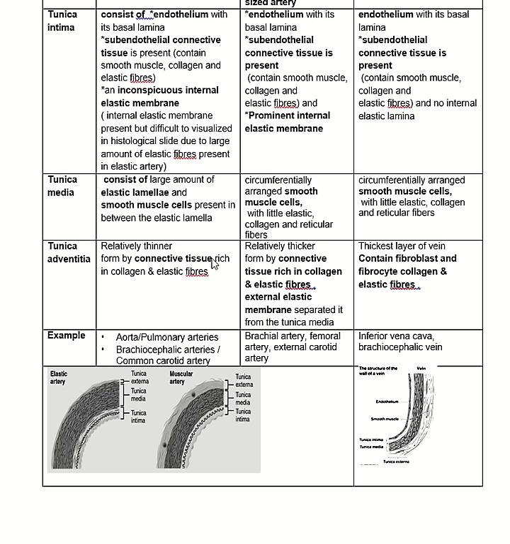Tunica adventitia is relatively thinner in arteries, considering that the tunica media of the artery is thicker. The tunica adventitia of all arteries and veins is formed by collagenous connective tissue, and in vein it is the thickest layer.